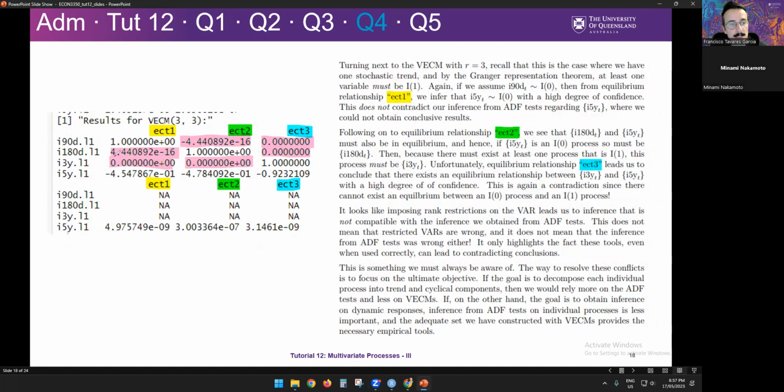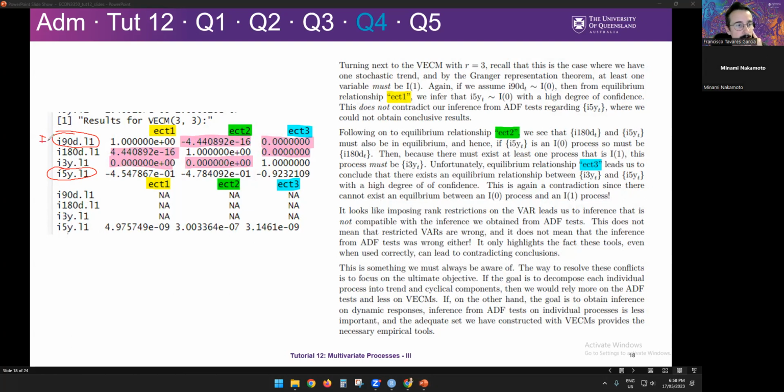Once again, I painted in pink the zeros. So this first one is saying that I90 and I5 are in equilibrium. Since I90 is an I0, then for I5, we infer that I5 is I0 also with a high degree of confidence.